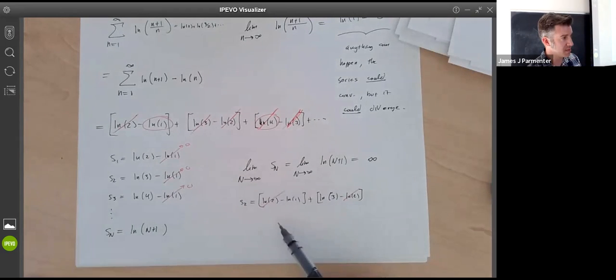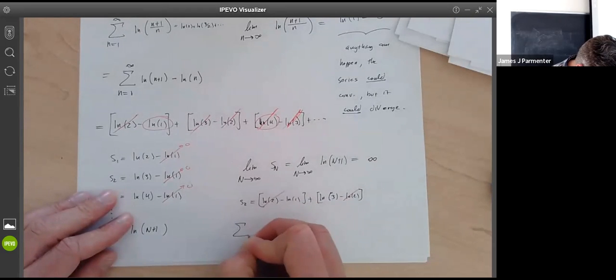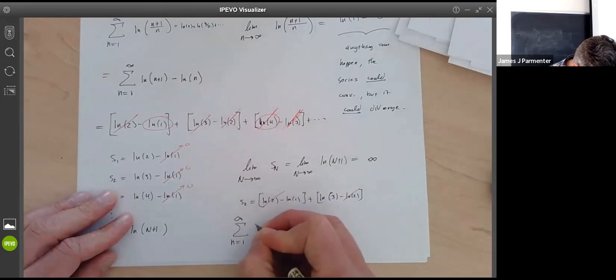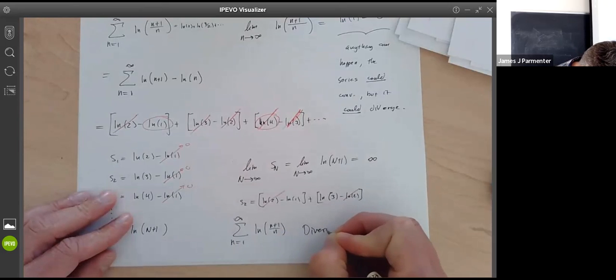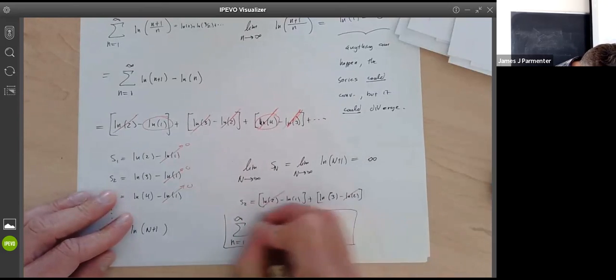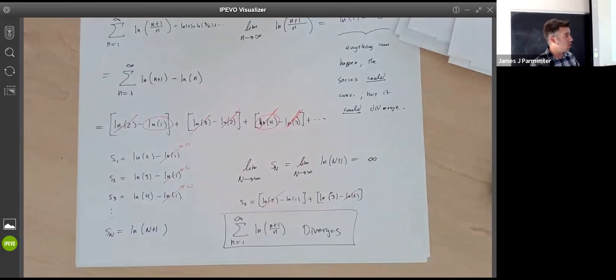We are adding up terms and the whole sum is getting larger and larger. So this series from n equals 1 to infinity of the natural log of n plus 1 over n diverges.